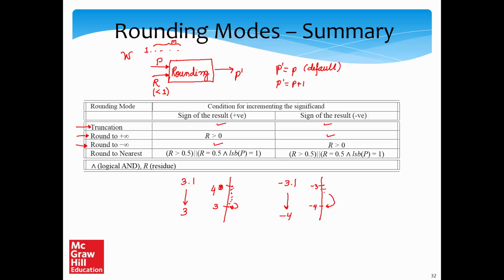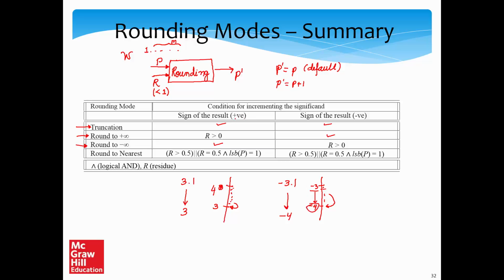So the logic is that if there is any non-zero residue, which means that the number is somewhere in this range, then we need to perform a rounding, which means increment the significand. So we need to check if the residue is non-zero. If that's the case, then we will increment the significand. And from minus 3, we'll take it to minus 4.